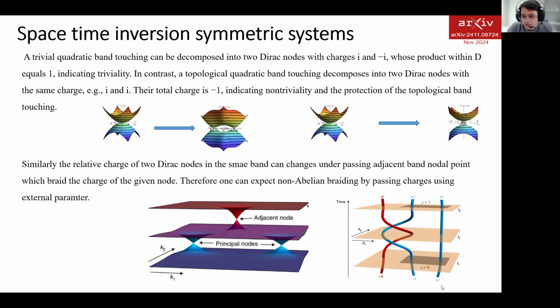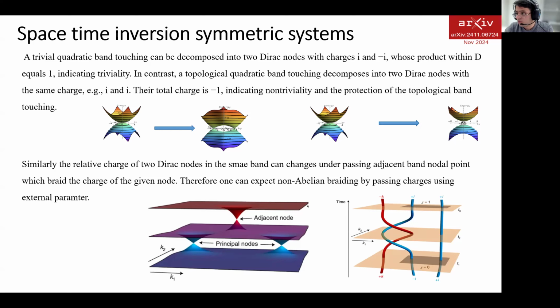Considering, for example, within the same gap two Dirac nodes, i and -i with opposite charge, there is an adjacent band, and that band can come, and by rotating the original Dirac node along this third band, the Dirac node at the second and third band has its charge flipped, and when they meet each other, they become a quadratic band touching.